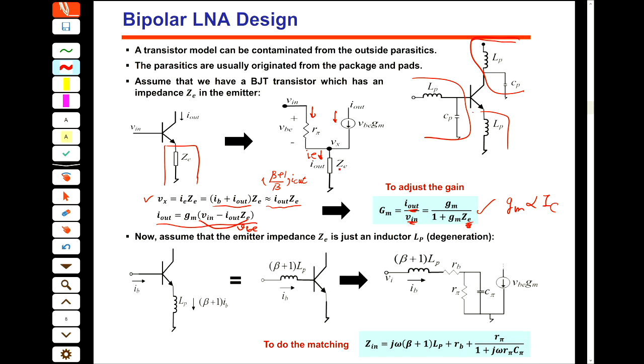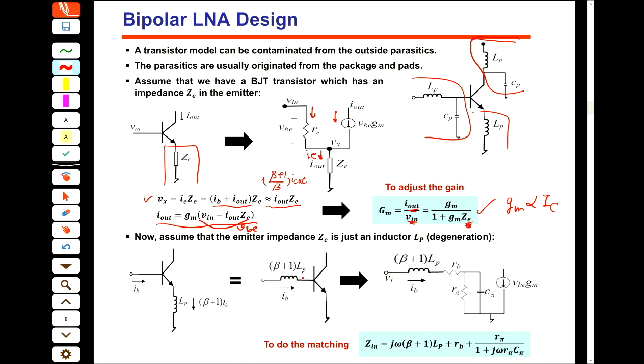So what will happen to the input impedance of this transistor if I add a ZE here? Assume that we have an inductor. This inductor is coming from the package I told you about. The current passing through this inductor is beta plus 1 IB.